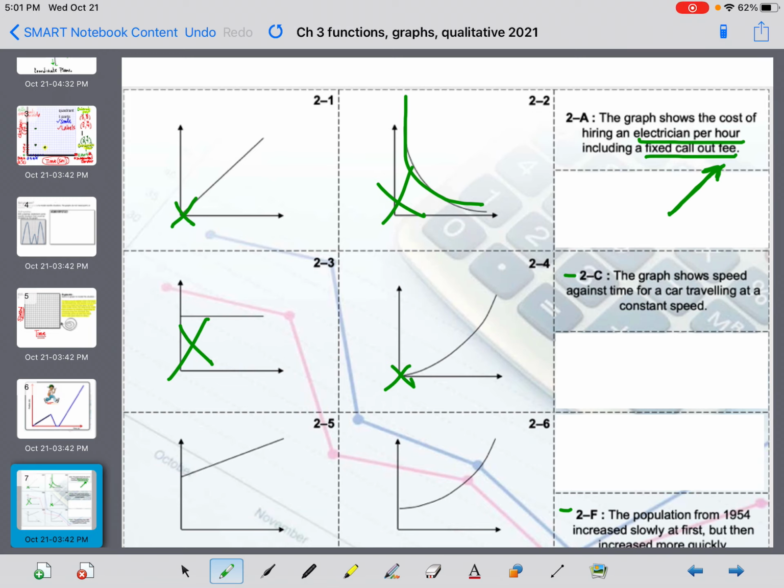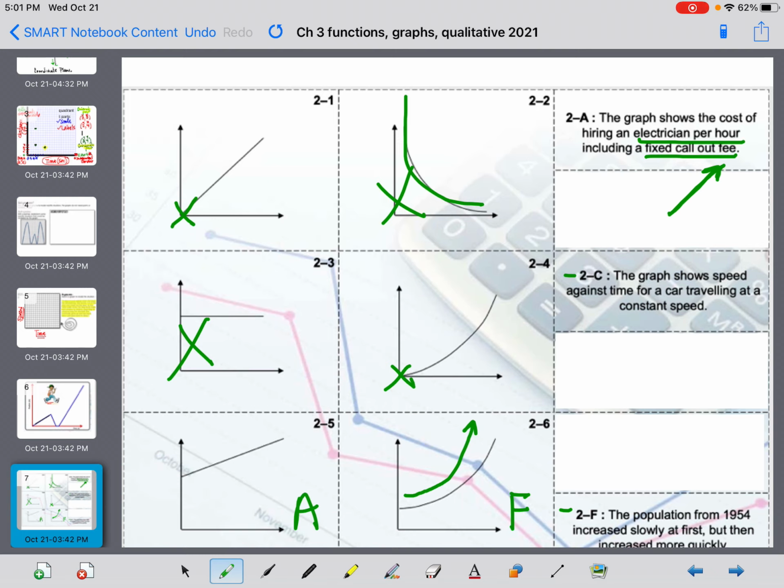And so I want to see if any of these other scenarios might fit those graphs, right? If I read down through some of the other scenarios, I see that right here in 2F, it says that the population started out slowly at first, but then increased more quickly. And so I can see that this one starts out slow and then goes up. So this one is probably 2F, and this one is probably 2A.